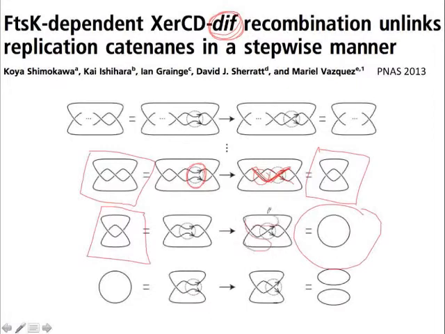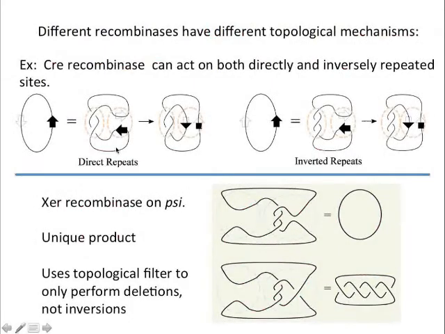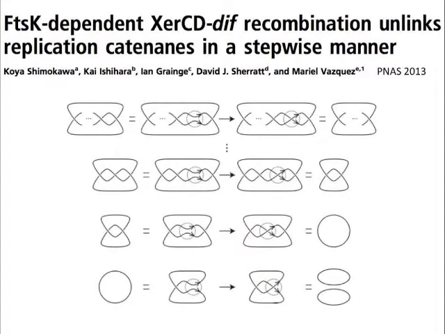The 1-crossing knot simplifies to the unknot, and then we can go from the unknot to the unlink, so to the unlink right here. And so XER will unlink these replication catenanes in this stepwise manner, where it's the same XER that we talked about on this page, but with different accessory proteins binding to a different sequence.